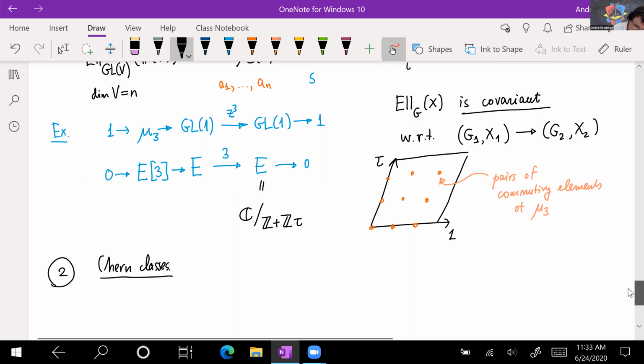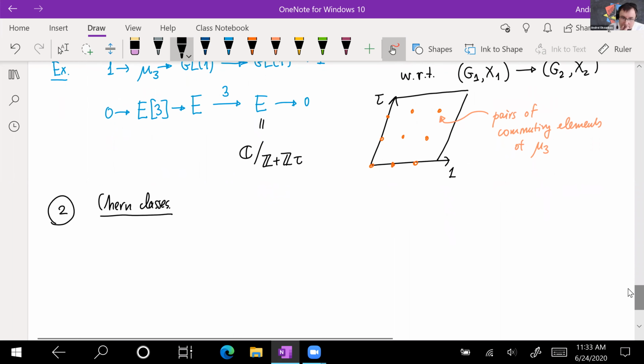Suppose I have a group G, or maybe a group H, and I have some topological space X, and I have some P, that would be a principal H bundle for some group.